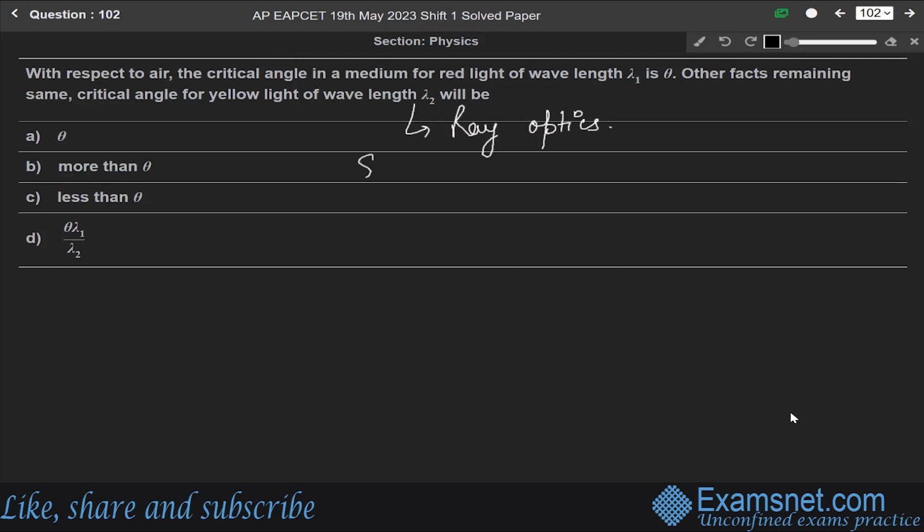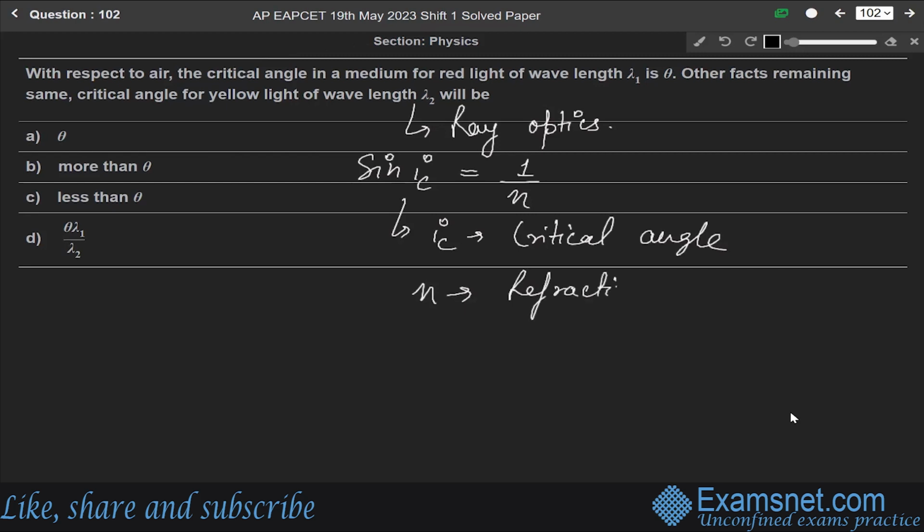Okay. So the critical angle of a medium IC and refractive index N are related, as we know from Snell's law, sin IC, that is critical angle, is equal to 1 over N, where IC is the critical angle and N is the refractive index. We know that the refractive index of violet color is greater than the refractive index of yellow color, and it is greater than the refractive index of red color.